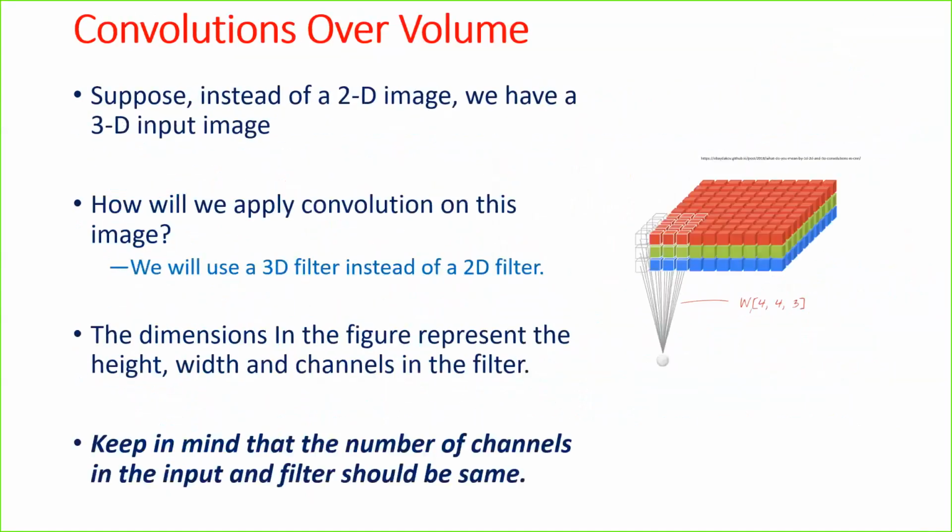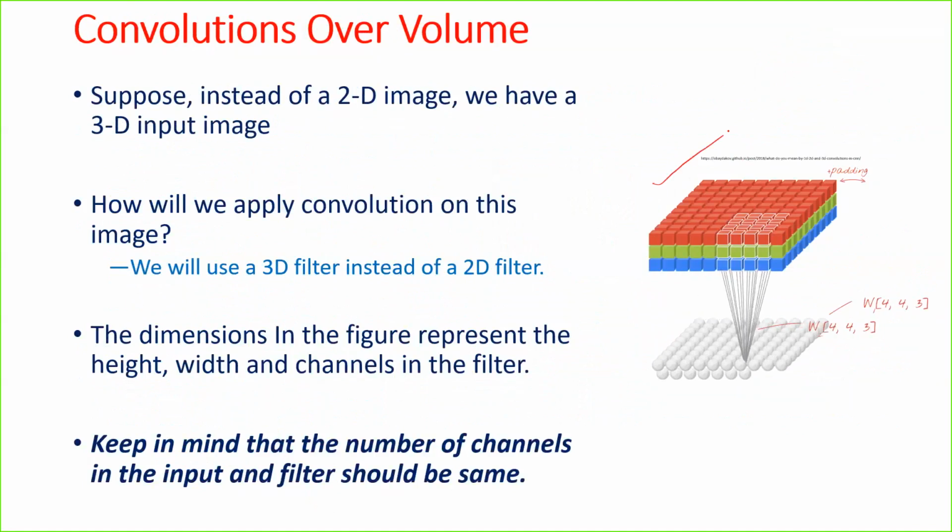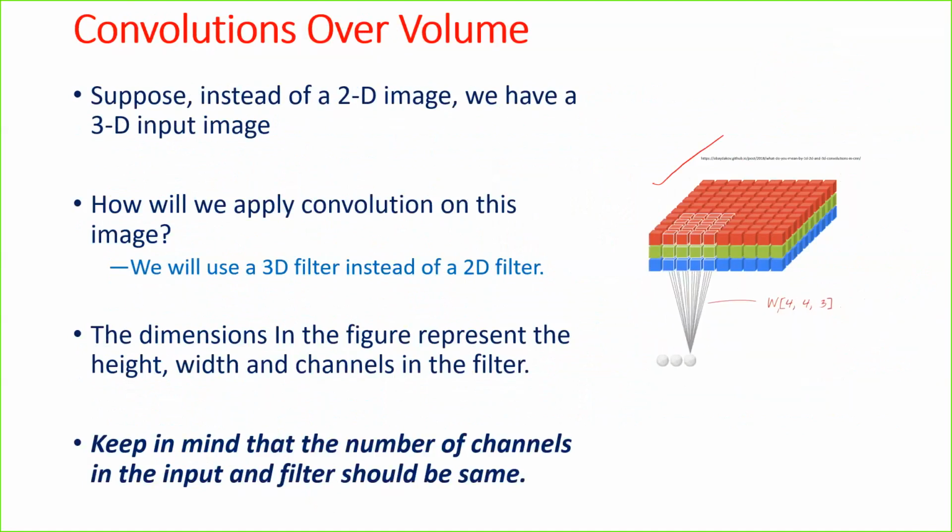Fine. So the next one is convolutional operation over a volume, right? So you see that this is an image of 3 channels: red channel, green channel, and the blue channel, a color image. Basically, each pixel is represented with the 3 dimensions: red color and green color and the blue color, right?